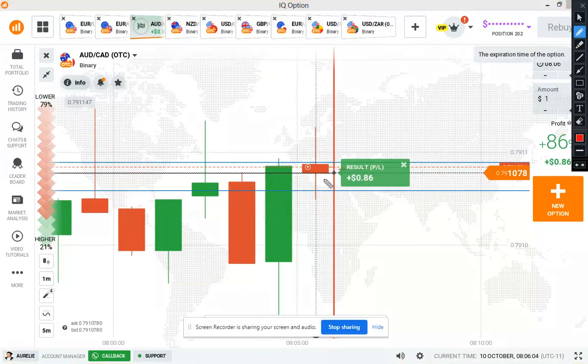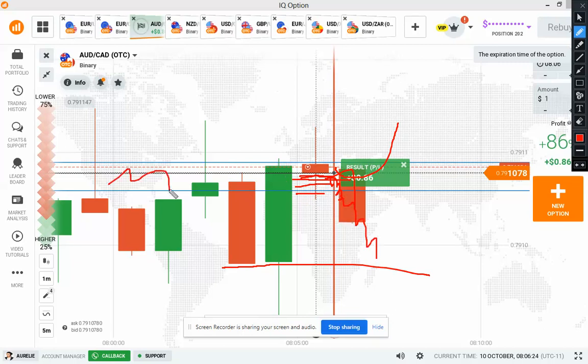Here you should not think of going with sellers again, because the price is still at the level, still at the zone. Buyers might decide to enter again, or sellers might decide. So do not take a trade if the market is still at the zone. Only trade if the market is below. Then you look at the next low, the next support level. Then you can decide to place a put option.